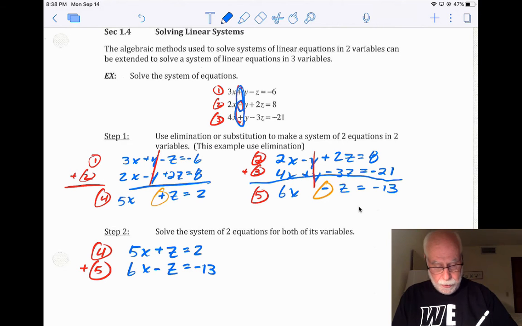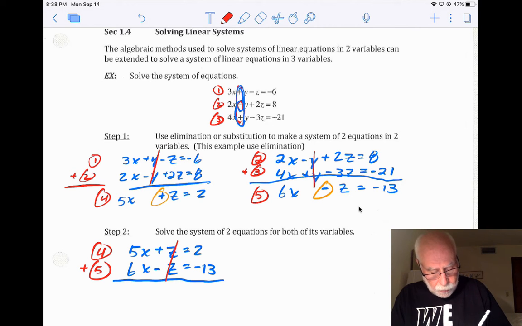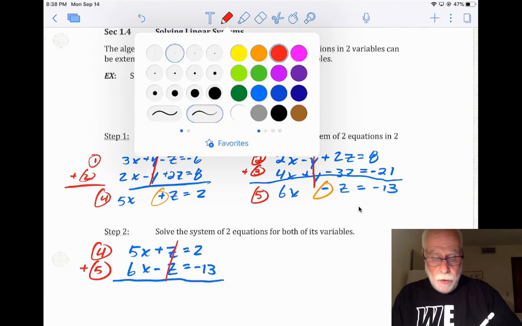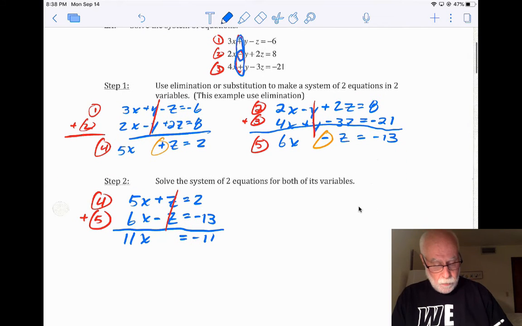So again, I'm going to add those two. And again, plus z minus z goes away. So in this case, I'll have 11x is equal to negative 11. And then I'll get that x is equal to negative 1.